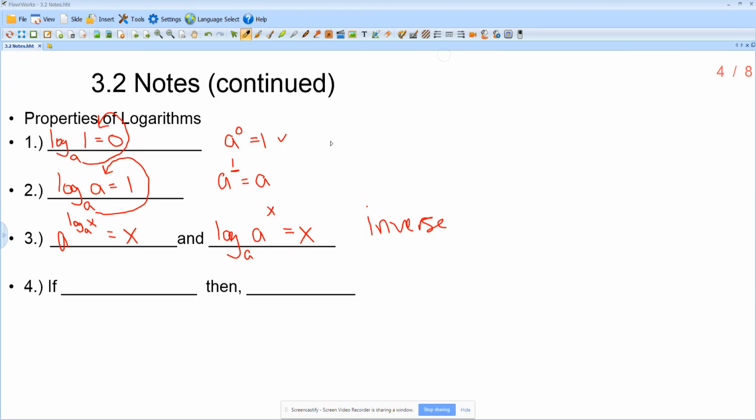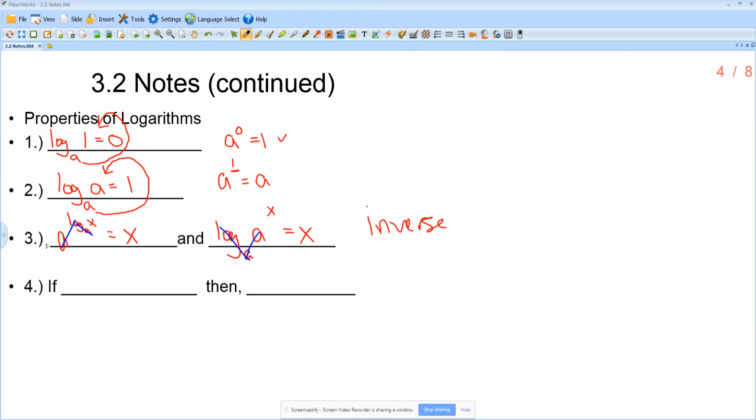Logarithms and exponential functions are inverses. If I have an exponential function raised to a logarithmic function with the same base, those just cancel. If I have a logarithmic function of an exponential function with the same base, those just cancel. The important thing there being that they have the same base.